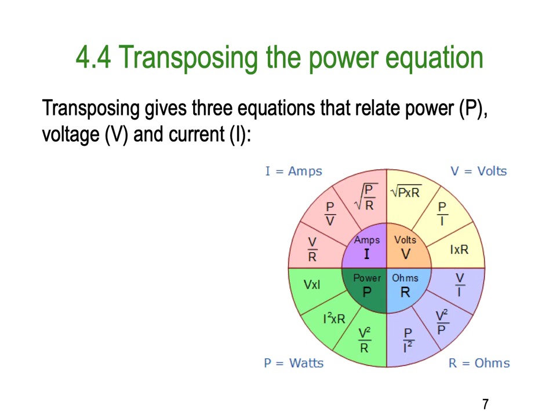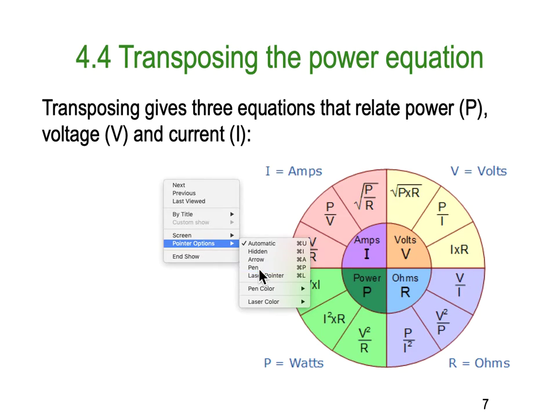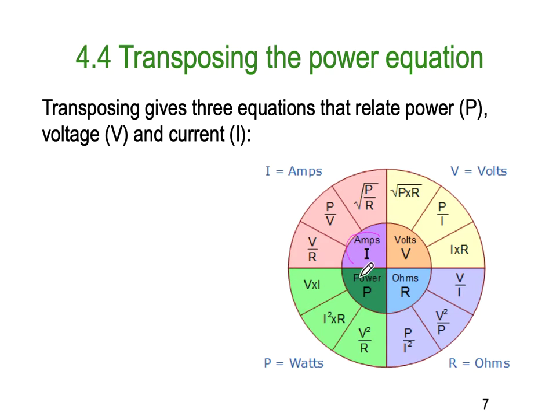So, transposing the power equation, I've also dropped in the formula wheel, or the Ohm's law wheel, which now has power, or we always did have power. I've been using the same wheel, but we always knew how to find Ohm's law with current, Ohm's law with volts, and Ohm's law with resistance.